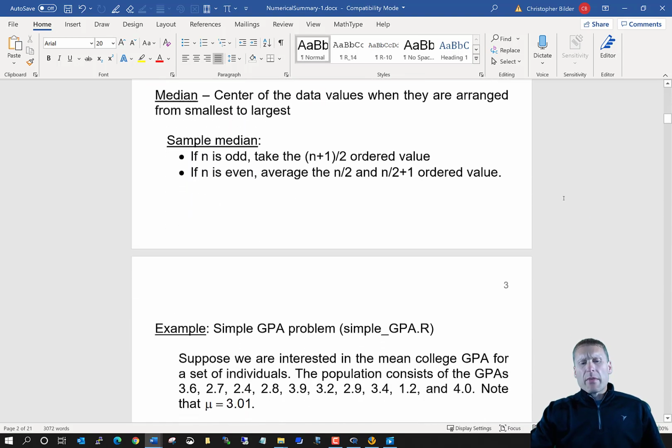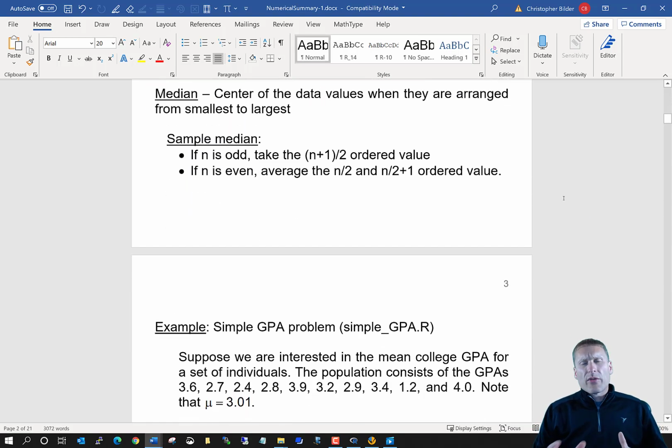Another measure of centrality with respect to a particular variable in the observed values is the median. All that the median is, is the actual center of the data values when they are arranged from smallest to largest. Because you might have an odd number or an even number of these values, you have different expressions for them.